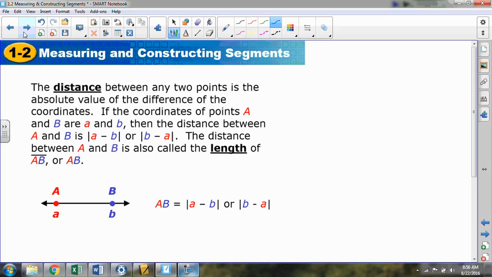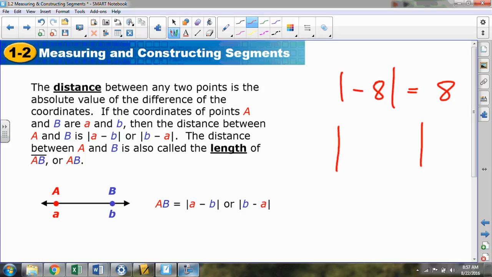Distance between any 2 points we will define with absolute value. Like we saw with our warm-up, we could take the absolute value of -8, and absolute value as distance has to be positive, so we switched it from -8 to +8. We will still use these vertical lines to represent distance between 2 points.